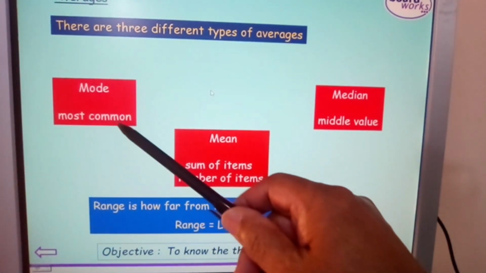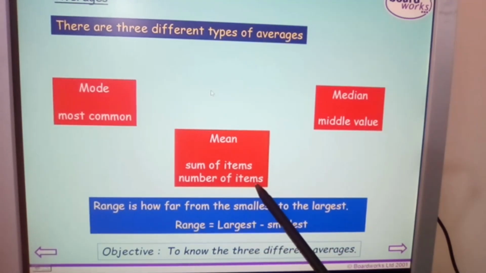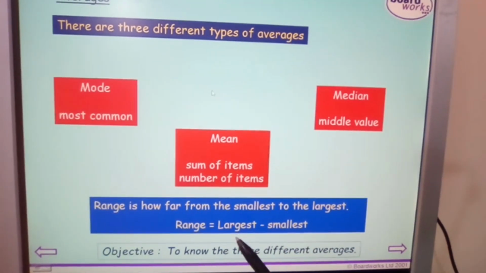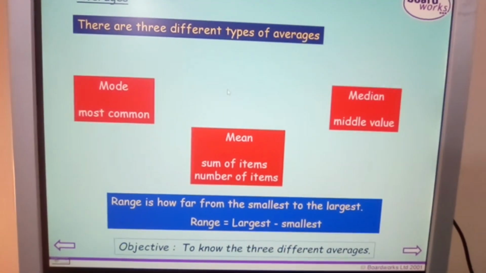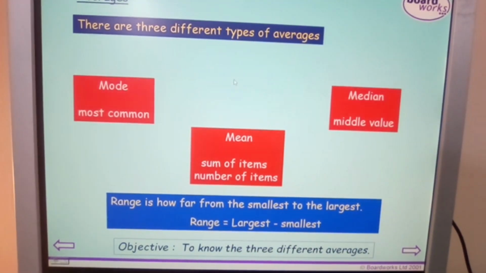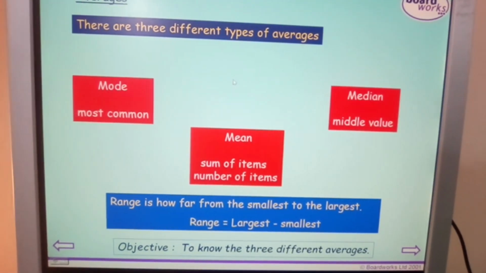Mode, most common. Mean, sum of items over number of items. And the median, middle value. Range is how far from the smallest to the largest. Range equals largest minus smallest. Objective: to know the three different averages at this stage.